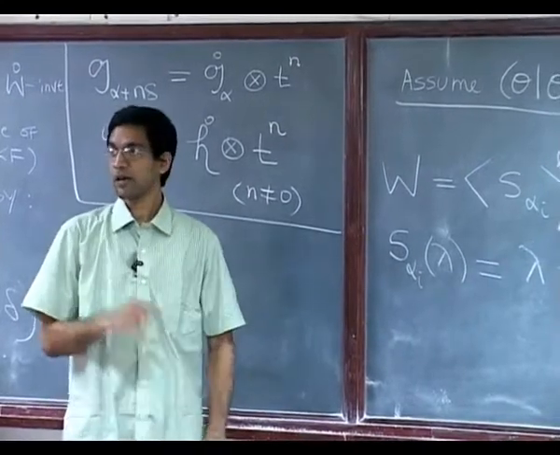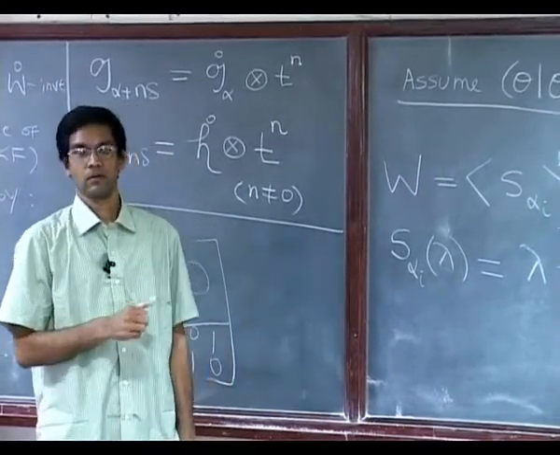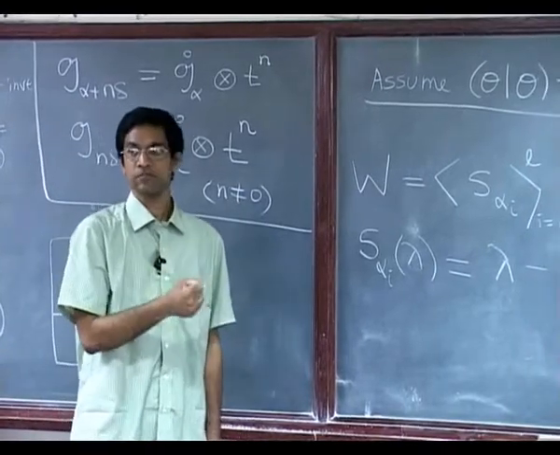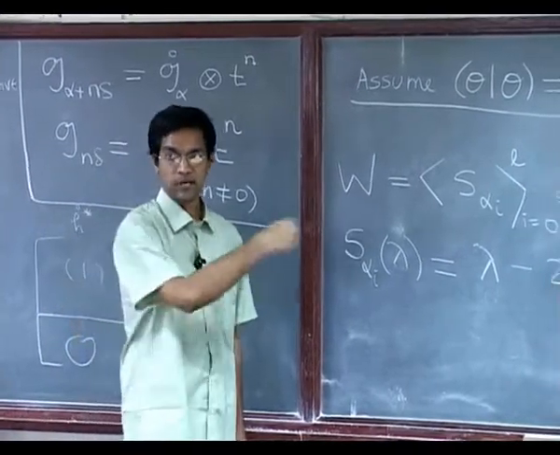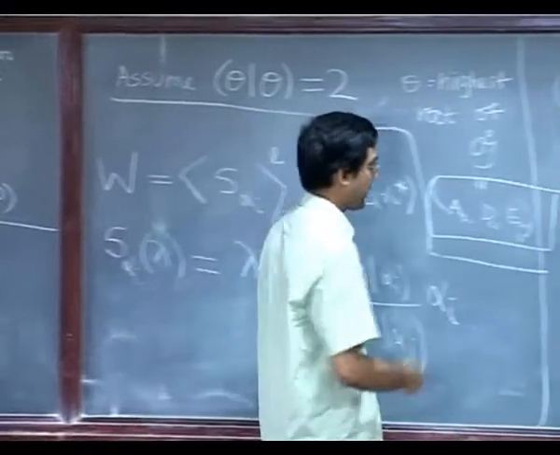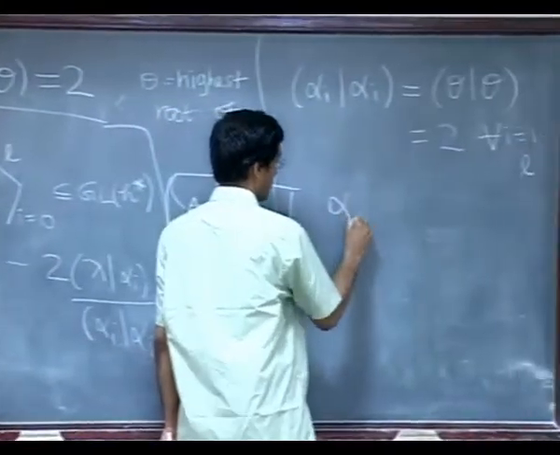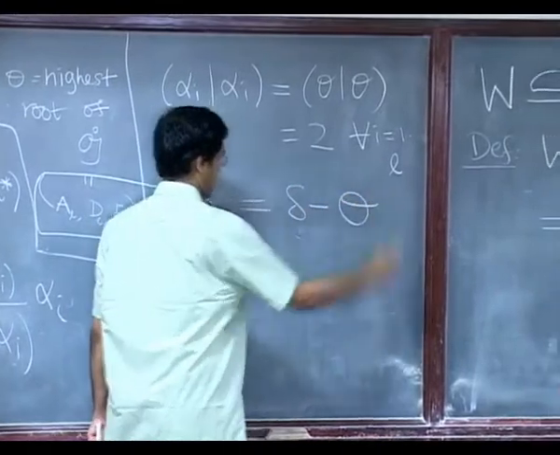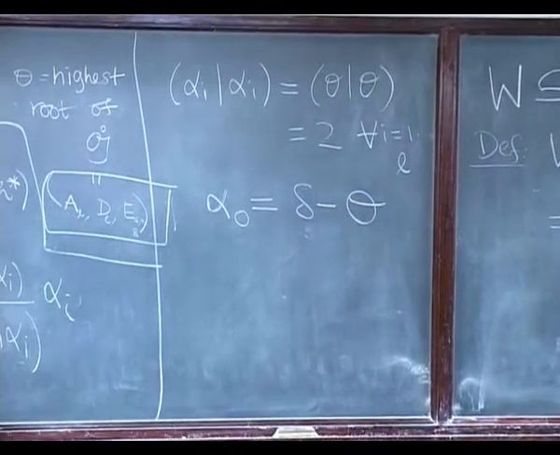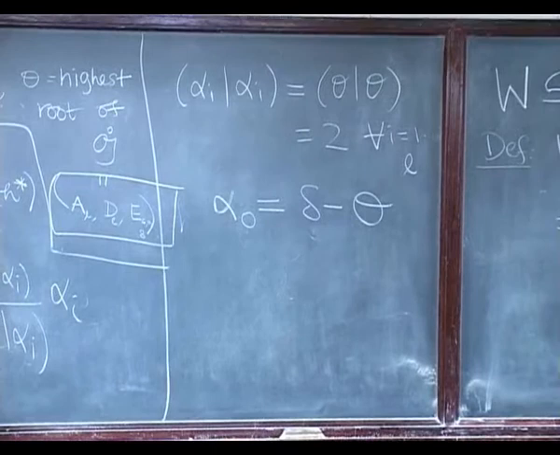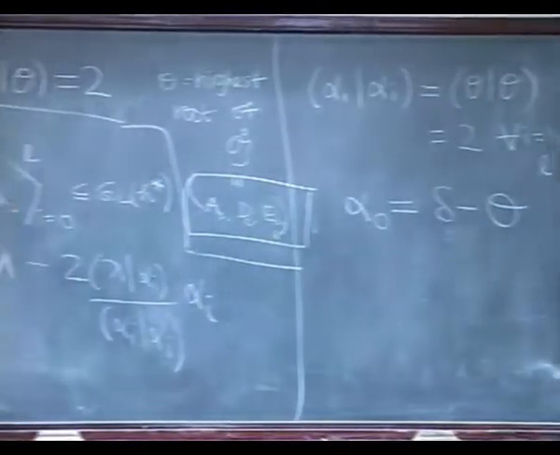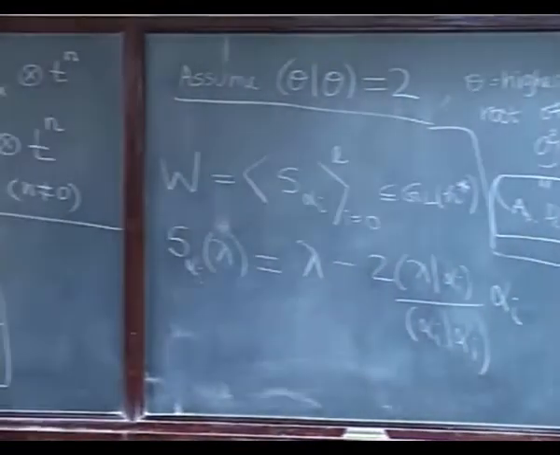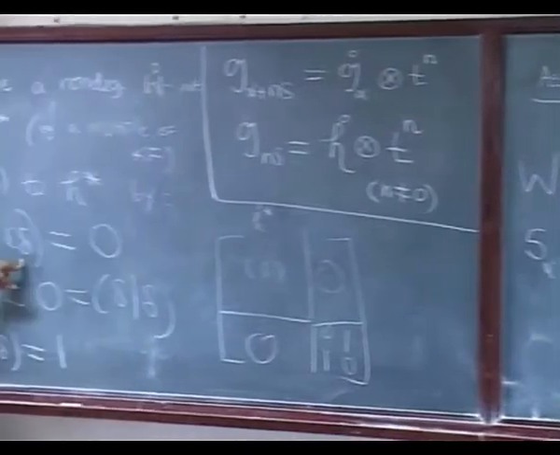But the question is, what about alpha 0? Alpha 0 was not a root of the finite dimensional Lie algebra, it was this extra root that we added. So recall, alpha 0 was defined as delta minus theta. So alpha 0 is not an element of H0 star, it has an extra component along delta.